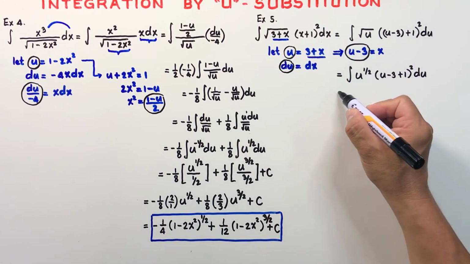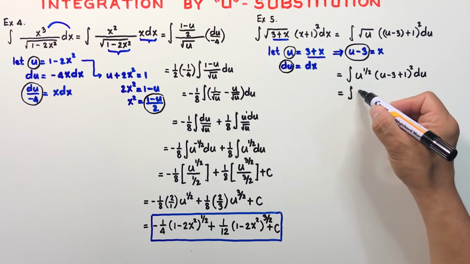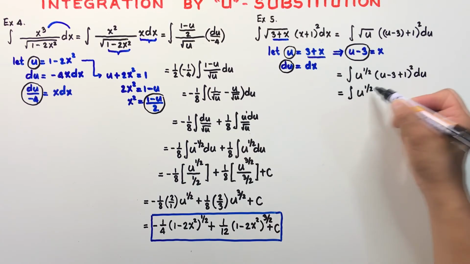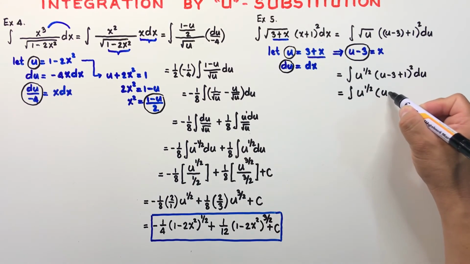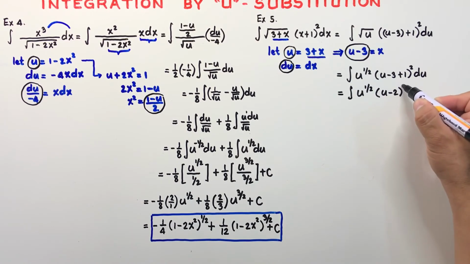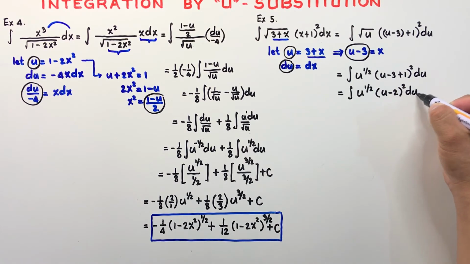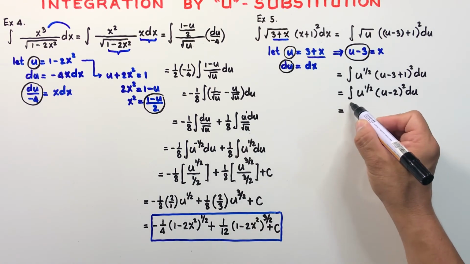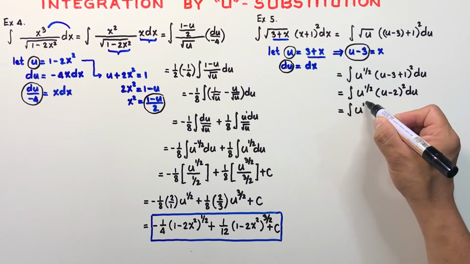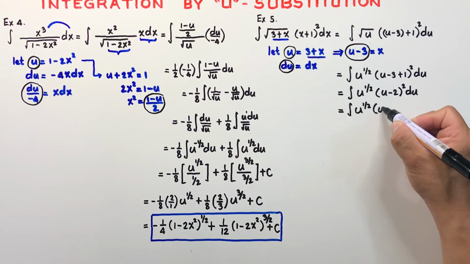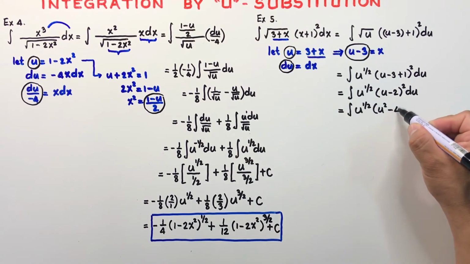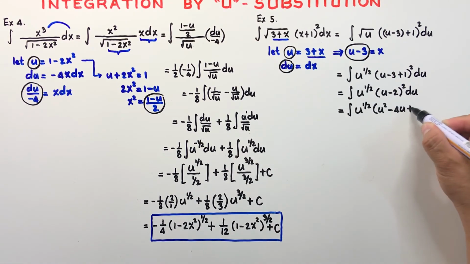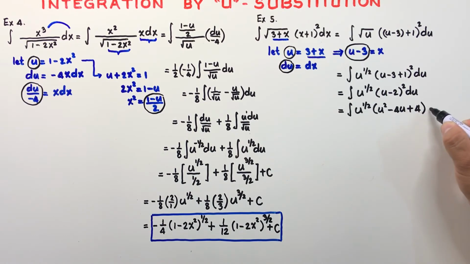And then we can simplify by performing simple arithmetic that this is u minus 2, which is raised to the exponent of 2 du. And expanding this binomial here, we have u squared minus 4u plus 4. And this will be multiplied by du.